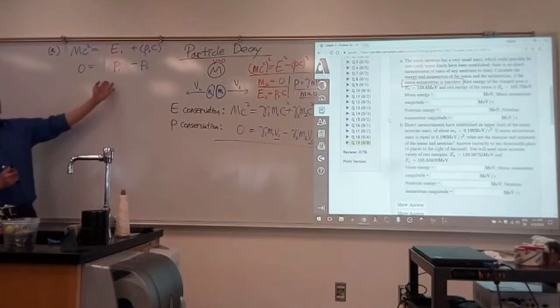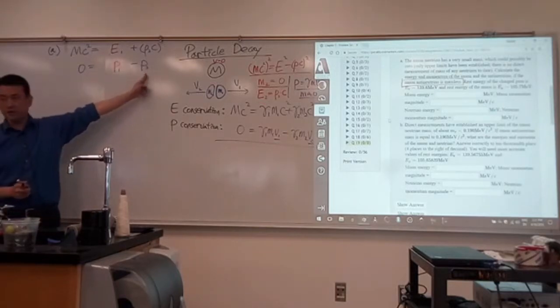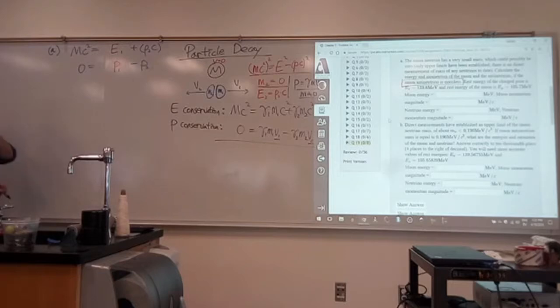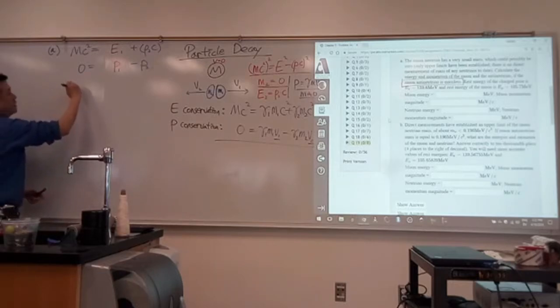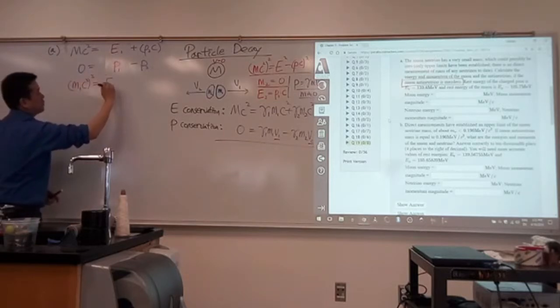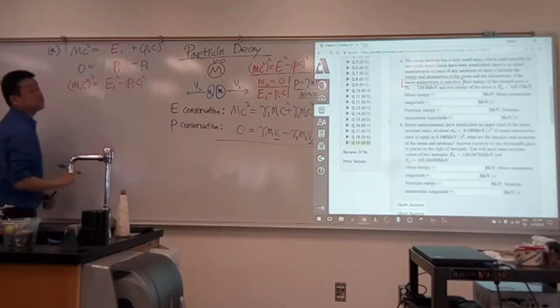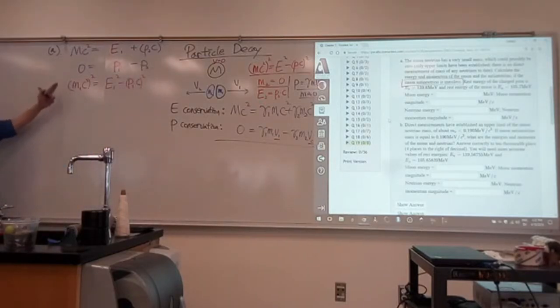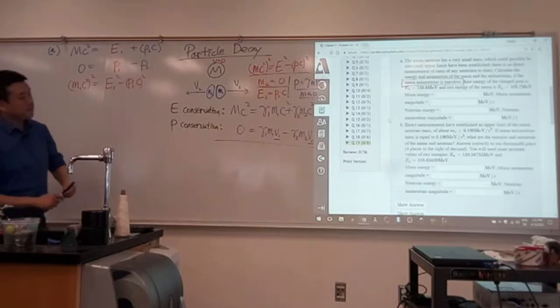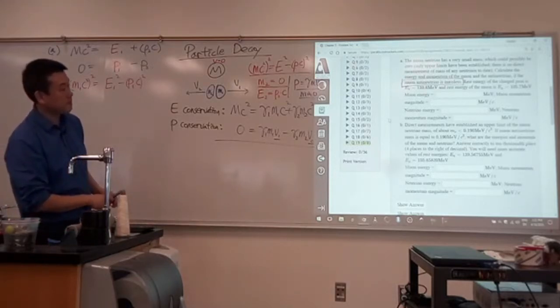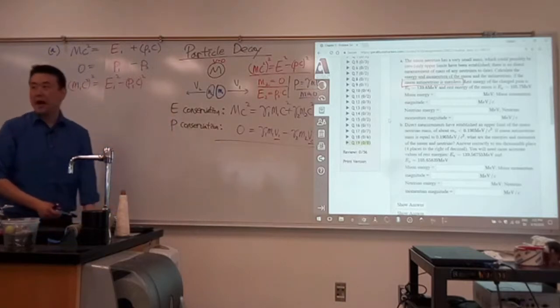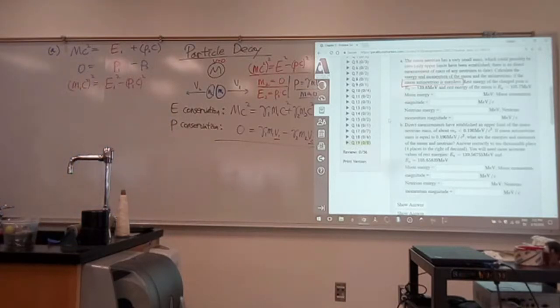The way it's written right now, I have 3 unknowns, so I should write down one more expression: m1c² equals E1² minus (p1c)². So 3 equations, 3 unknowns, I can solve for them. Okay? It's going to be asking me for everything, so I should just go through this systematically.